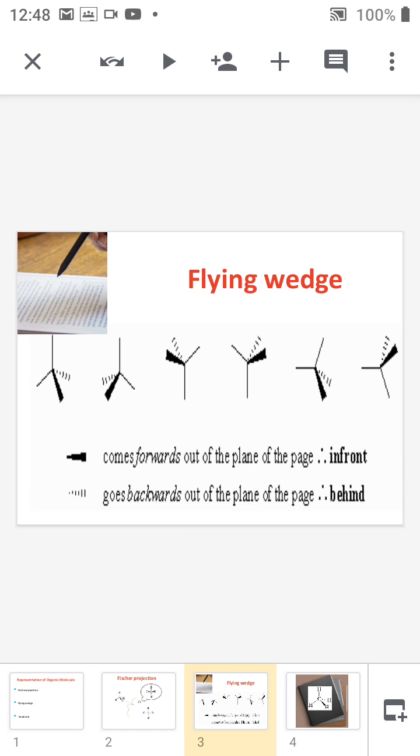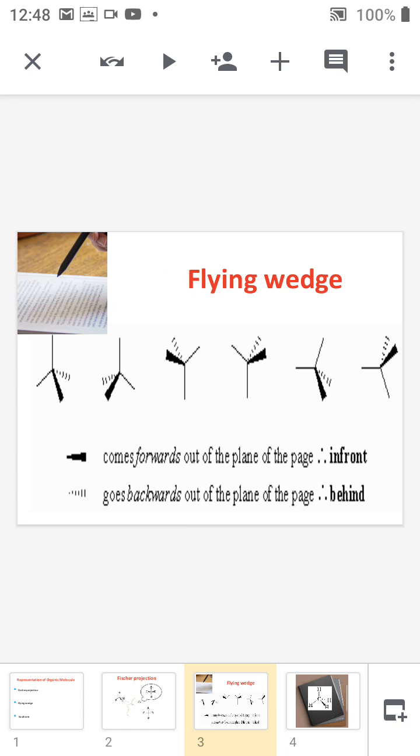So we are observing the molecule. We can see the central carbon atom, and there are four valencies. Two valencies are in the plane of the paper, one of the valencies is satisfied by an atom which is coming out at the top of the plane of the paper, and the last valency is satisfied by an atom which is at the back of the paper.